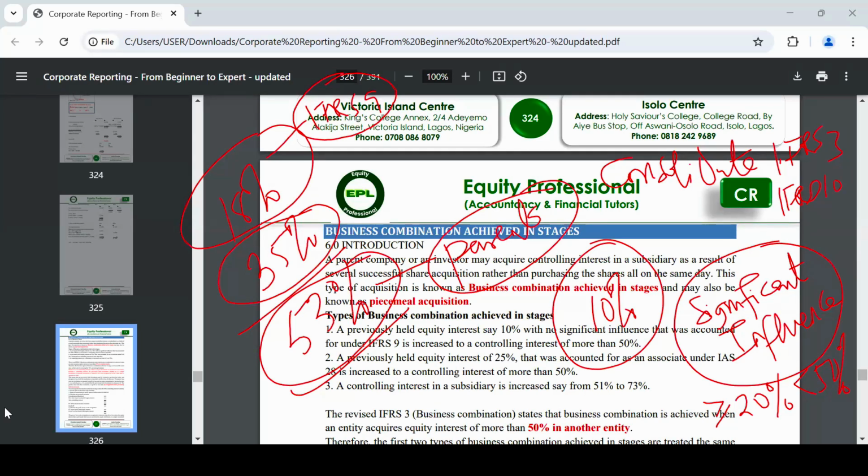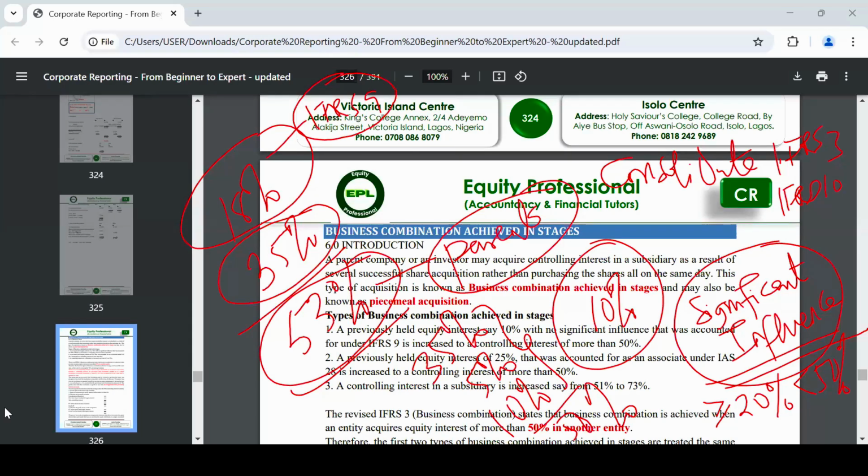Also, in a case where you had significant influence, say to the tune of 35%, you got an additional 5%, then at some point an additional, let's say, 10%. This accrues to 50%. From the day you got 50%, you now have controlling interest.